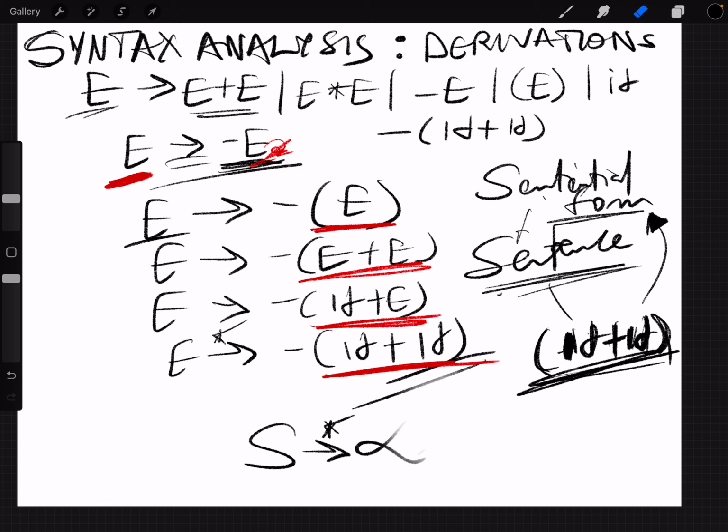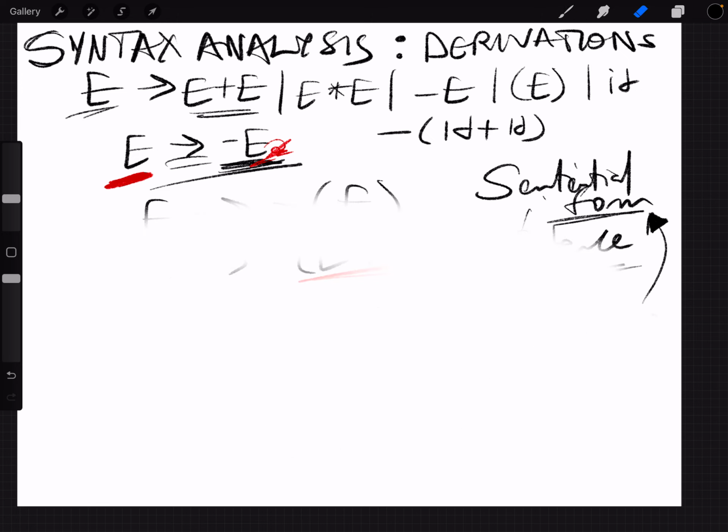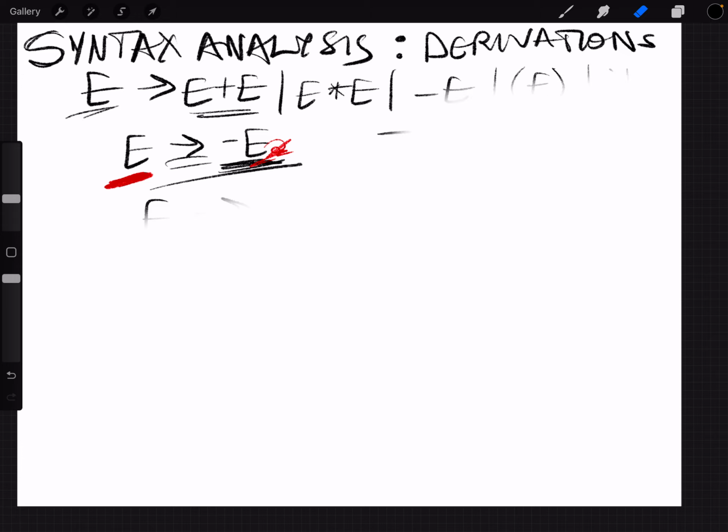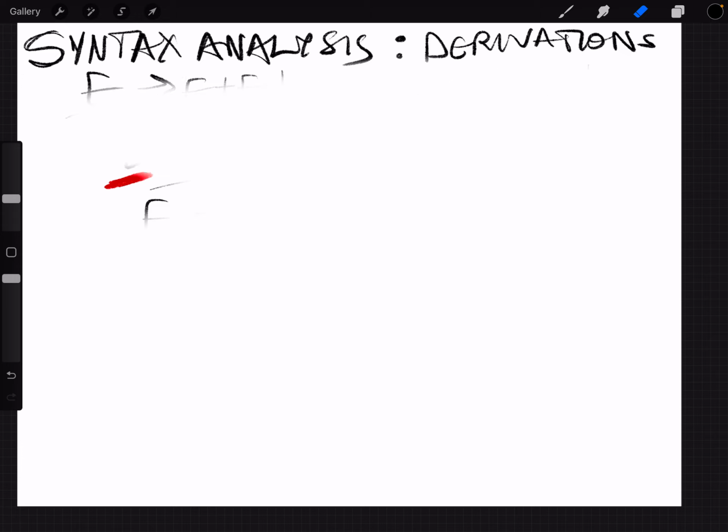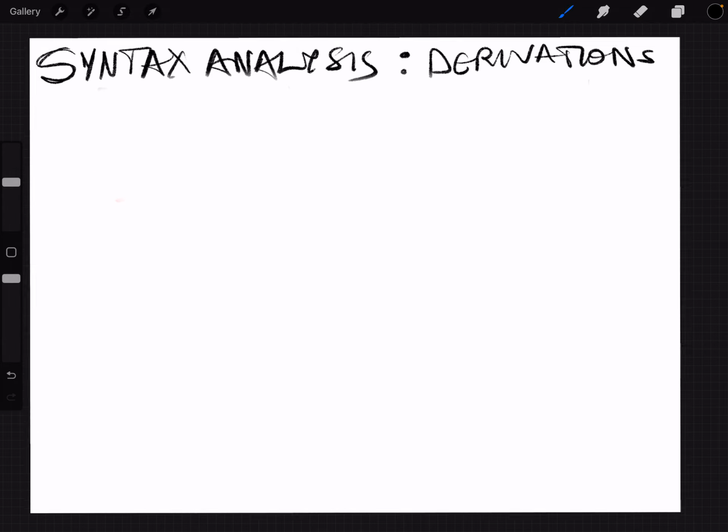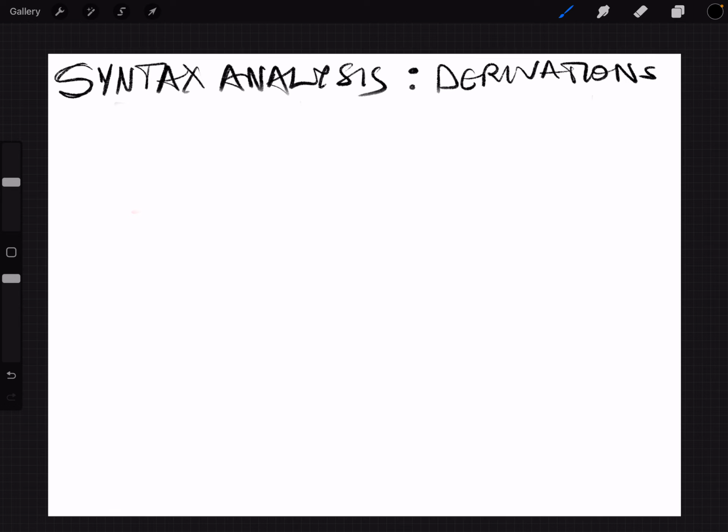I've mentioned I've done some derivations, but we would not have a situation where we are just randomly deriving. Since we are dealing with parsers, we have to understand that we have different types of parsers. We have the top-down parsers, and then we have the bottom-up parsers.